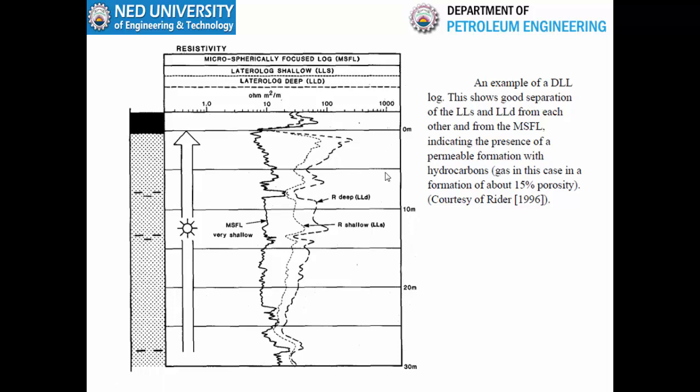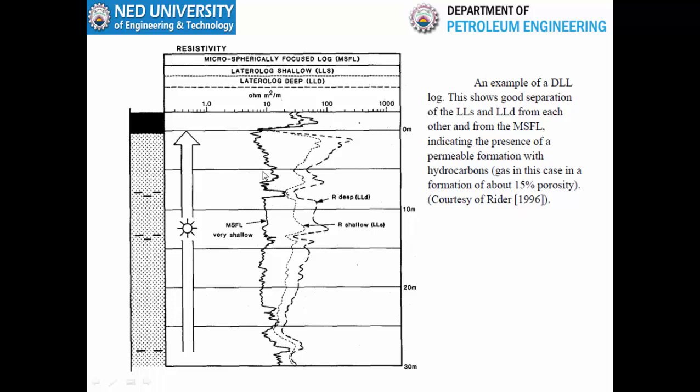Since we have designed the mud and we know the type of the mud, we know the resistivity of the mud filtrate, and we also know the expected resistivity of the flush zone. If we have used water based mud, we know that the near wellbore resistivity will be very low, because water based mud generally has low resistivity.